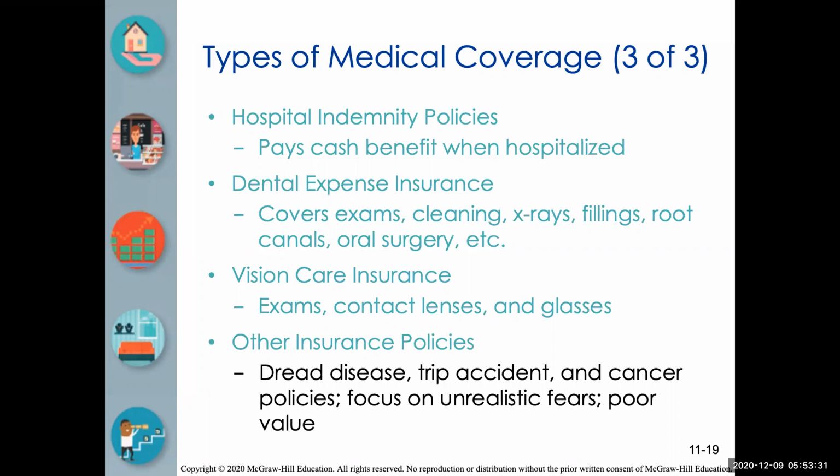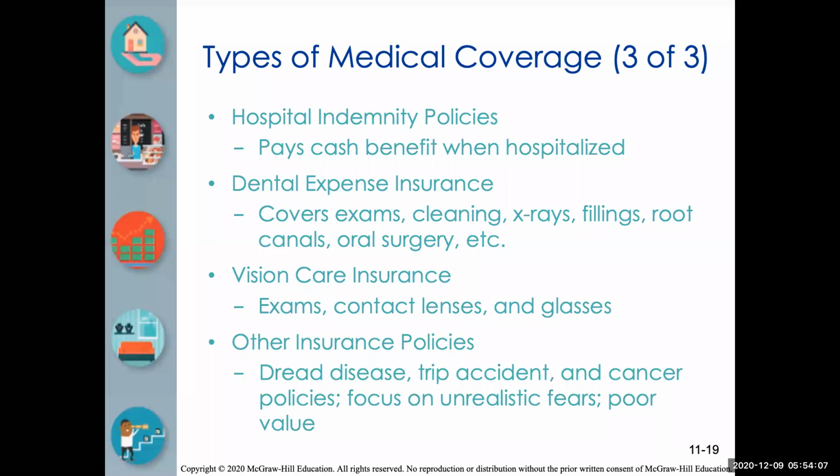You have a fear of being caught in a tsunami. They have a policy that you can buy that would cover your fear of being caught in a tsunami. So these other types of insurance policies are really nothing more than a way for insurance companies to make money, for the salesperson to make money on your fears, and they are of extremely poor value.